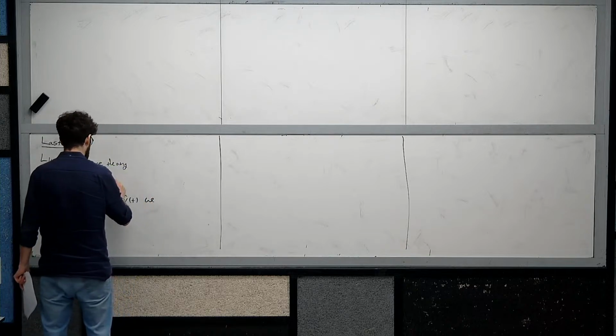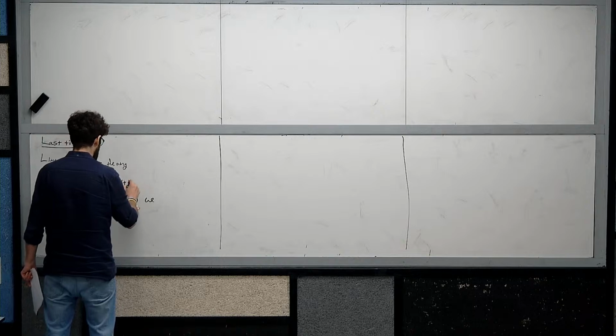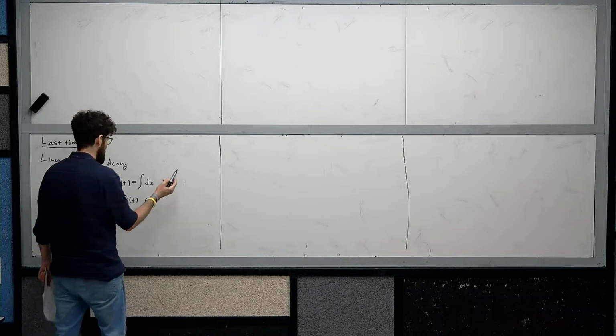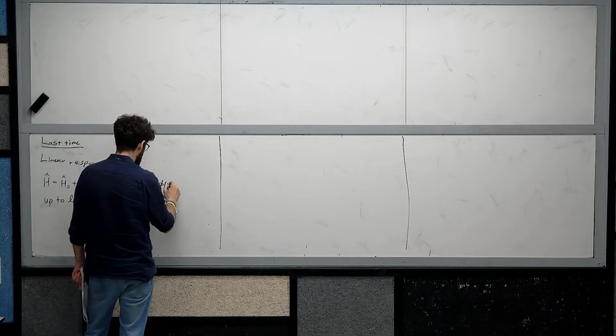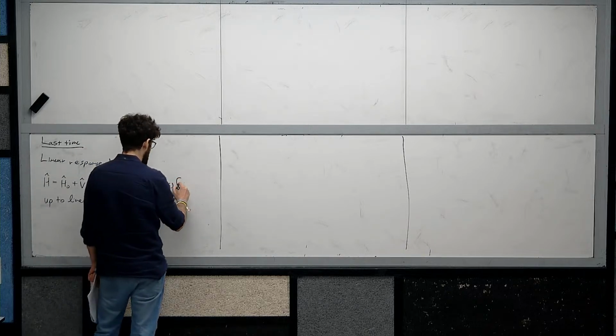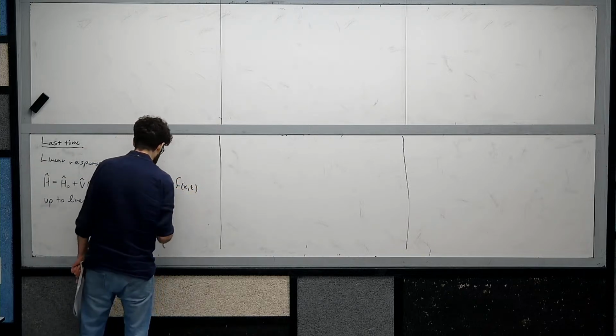By the way, let me write what this V of t is. V of t is some integral over space, because this is a class in field theory, times an operator, which is the field operator, times some f of x and t.